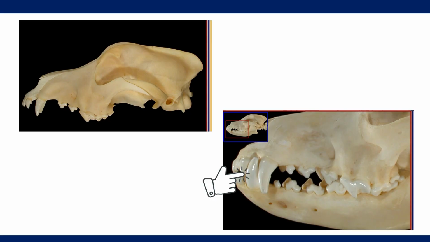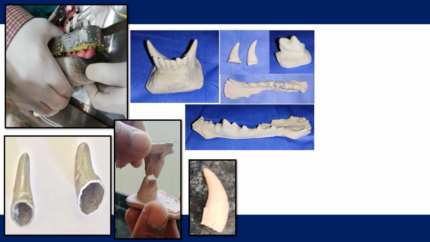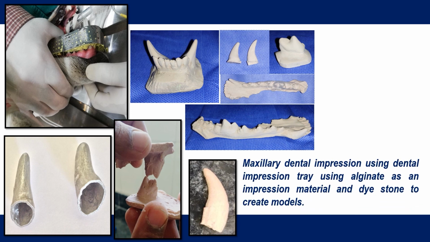This is the canine, these are the strategic ones, this is the PM4, PM2, some of the strategic teeth, right? Specifically in case of defense dogs, which are used for defense duties or as sniffer dogs in our airports, we need to provide some covering around these strategic teeth, because if a strategic tooth is damaged, the dog can't perform its service as required.